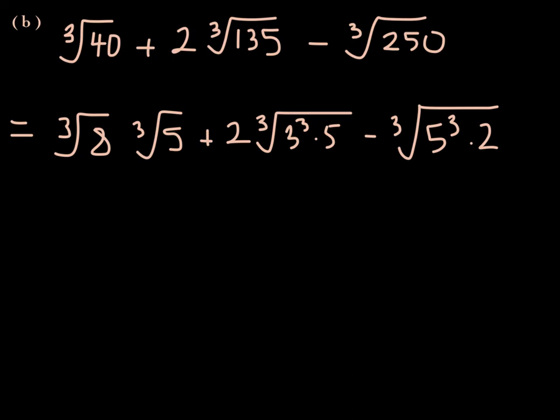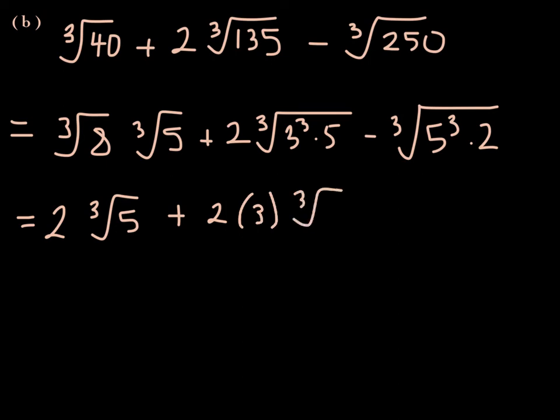So here we go. The cube root of 8 is 2, times the cube root of 5, plus 2 times. Now the cube root of 3 cubed, remember the cube root and the third power cancel, so it's just 2 times 3, but the cube root of 5 must stay, minus 5 times the cube root of 2.